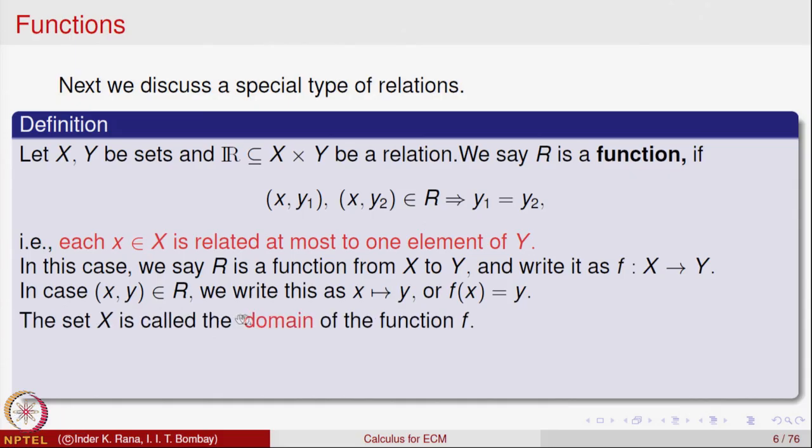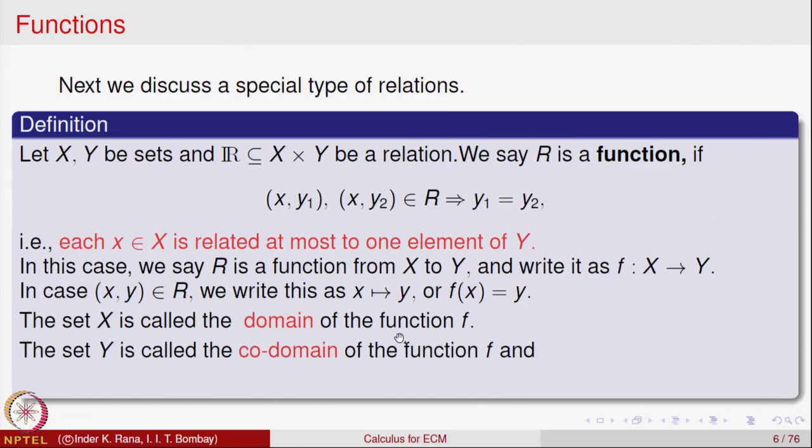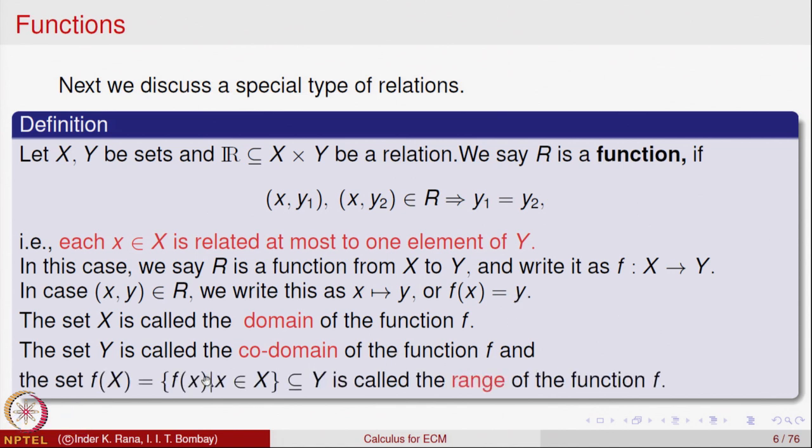So, the set X is called the domain. What is the domain? That is the first part of the relation, it is coming from X. So, X is called the domain of the function and Y is called the codomain of the function f. And look at f of X, namely all the elements of Y which are related to some element of X, that is called the range of the function.